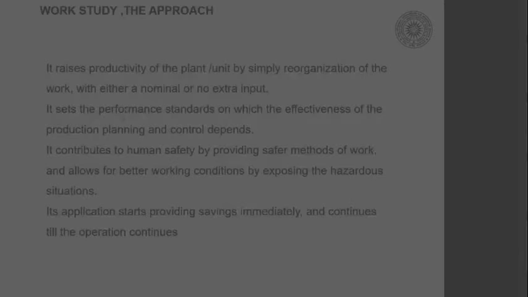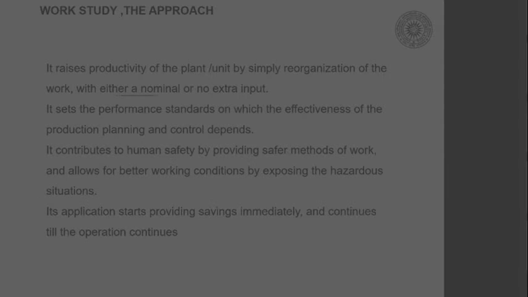Now, work study, the approach. Now we have understood what the things involved are. Work study raises the productivity of the plant or a unit by simply reorganizing work with either a nominal or no extra input.